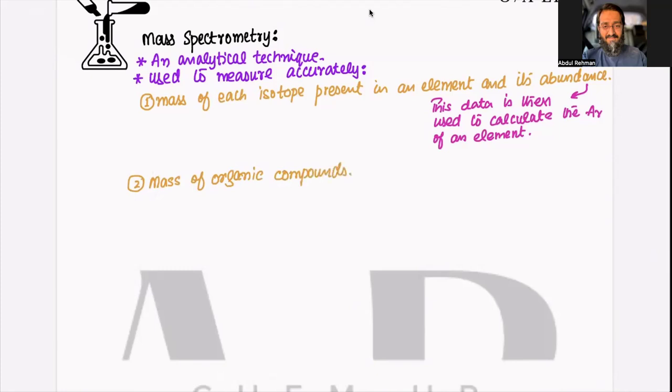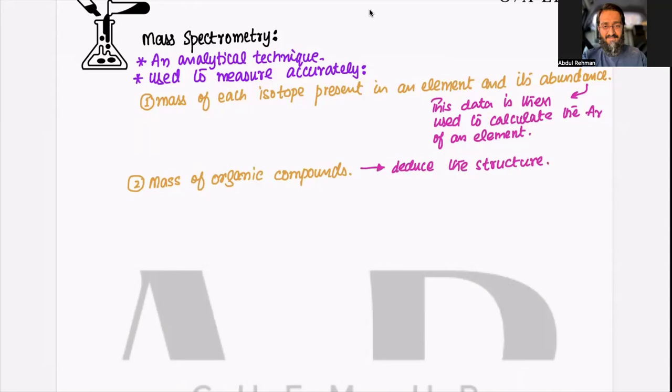And that mass of organic compounds helps us further. There are more things that can be analyzed from that data, which help us to deduce the structure of the compound. So this second part, we will do after completing the organic.